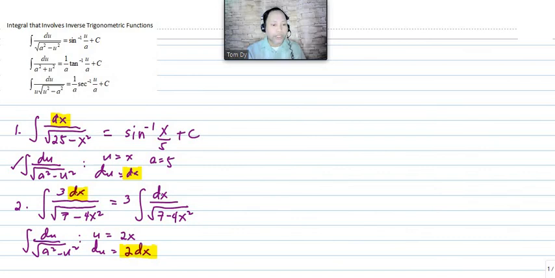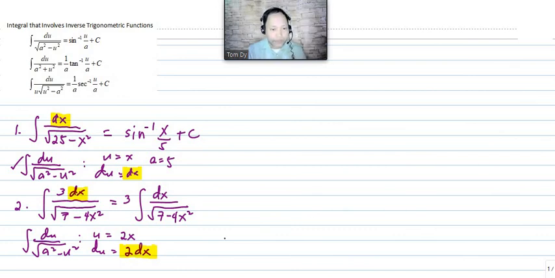So this is dx, this is 2 dx. The only difference is this 2, and this one is, of course, 1. So again, since our du satisfies this formula, we can apply this one to our problem.